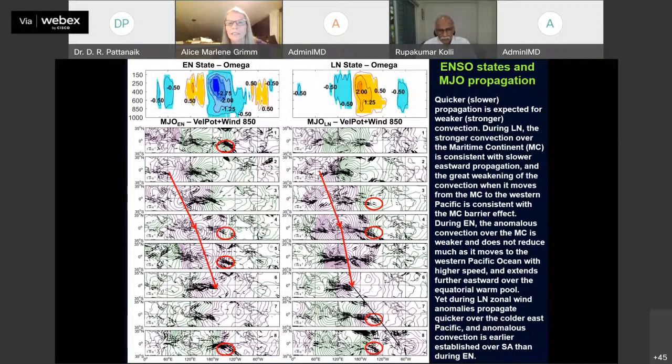Yet during La Niña, the zonal wind anomalies propagate quicker over the colder East Pacific, and anomalous convection is established earlier here over South America than during El Niño. During El Niño, the highest convection anomalies happen in phase 1, and during La Niña in phase 8. Next, please.